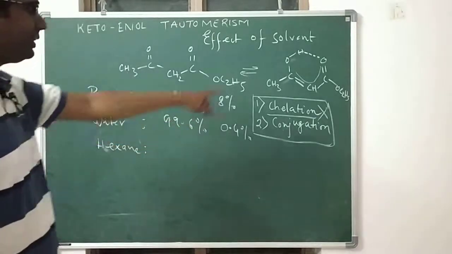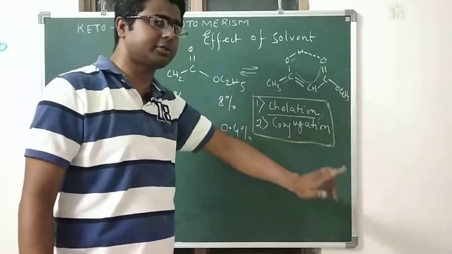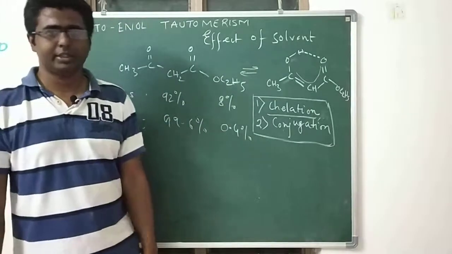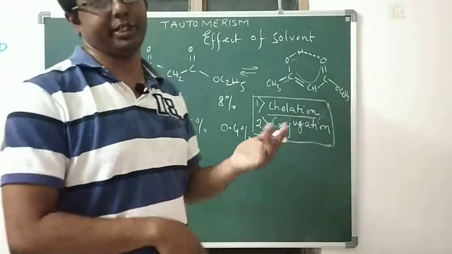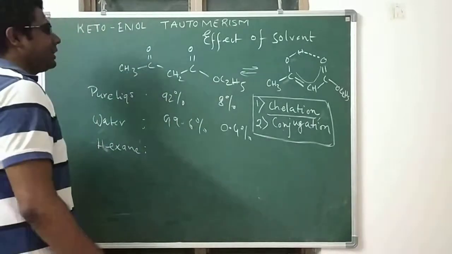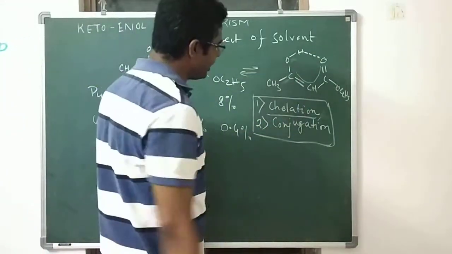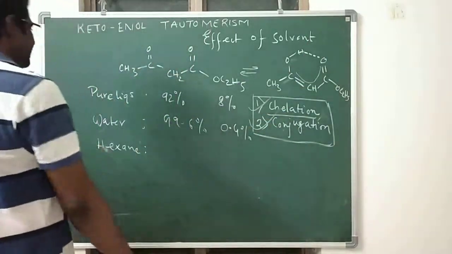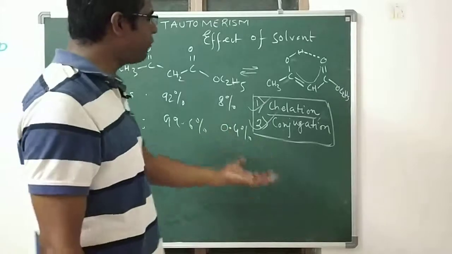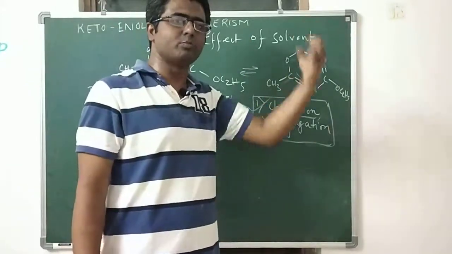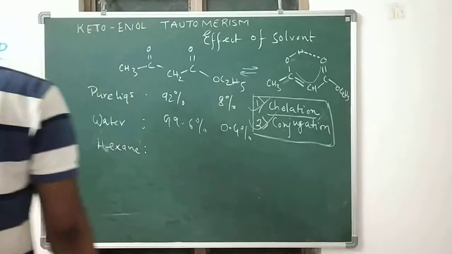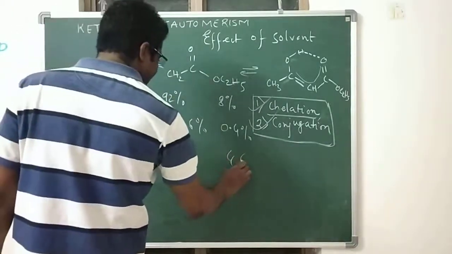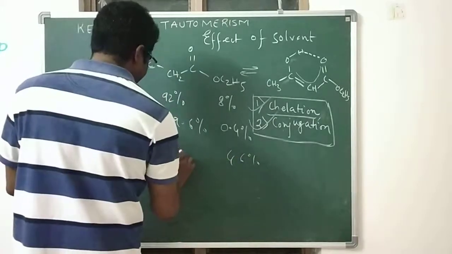Now in case of hexane, this chelation continues because hexane is not pulling it for hydrogen bonding, right? हेक्सेन को हाइड्रोजन बॉन्डिंग करने का कोई शौक नहीं है, वो तो सिर्फ पानी को रहता है। So hexane will not pull this for hydrogen bonding, chelation will stand, conjugation will stand, and obviously the percentage of the enol content will increase more and more, okay, and it will be having a percentage of approximately 46% and here it will be 54%, okay.